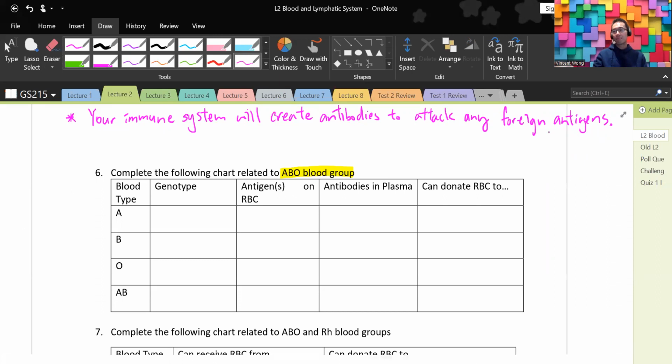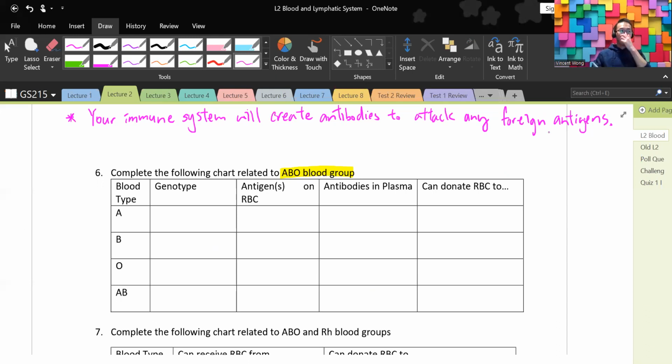So next week, you will learn about vaccination, right? So when you inject the vaccine into your body, you introduce a foreign antigen, and in turn, your body will create antibodies. So when the real virus or real bacteria comes, you already have the antibodies in your system, and you are able to fight it off much more effectively.